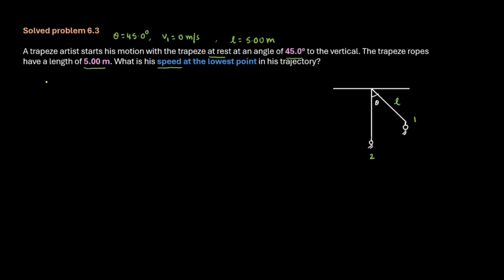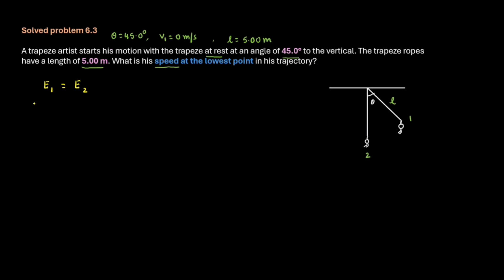So I can write total mechanical energy E at point 1 equal to total mechanical energy at point 2. Mechanical energy is the sum of kinetic plus potential energy. So E1 is K1 plus U1, and E2 is K2 plus U2.